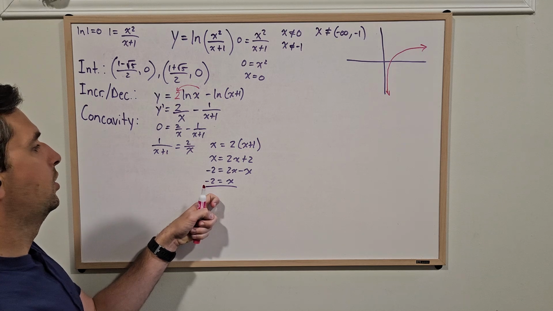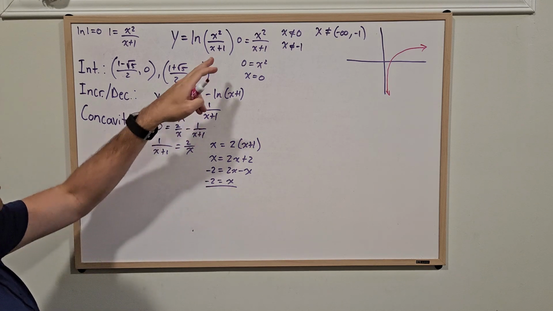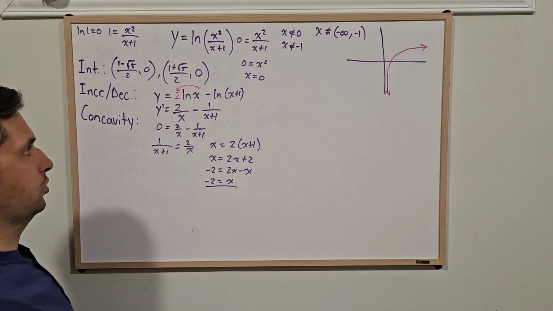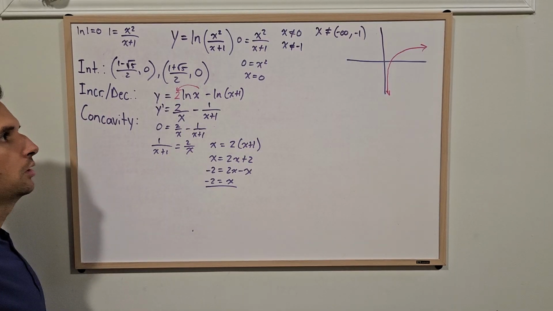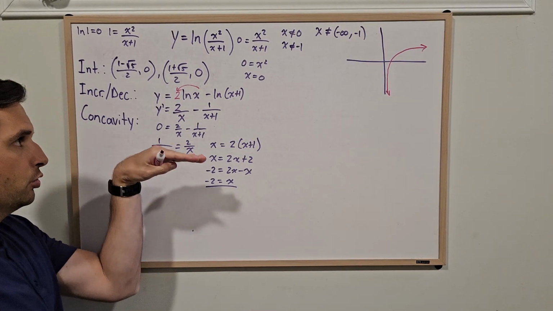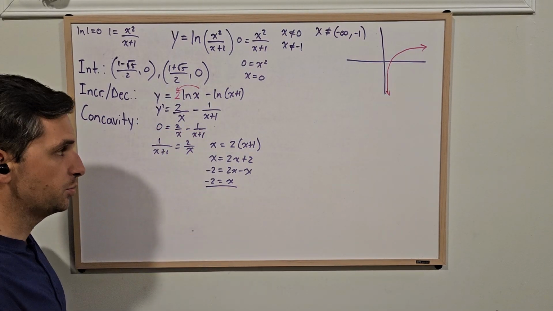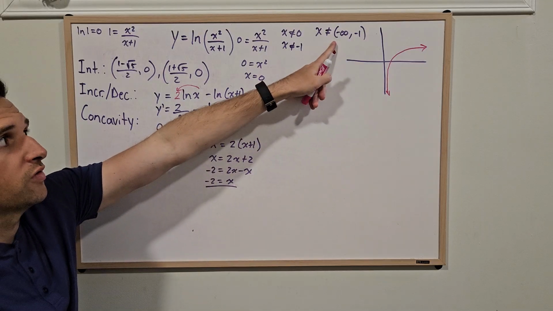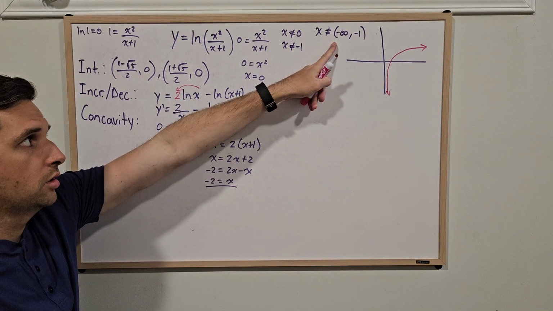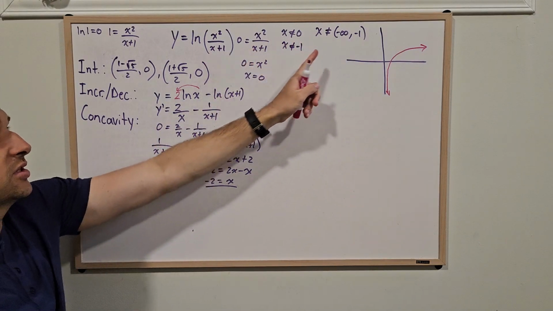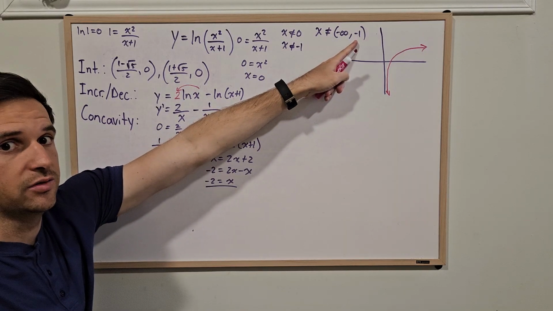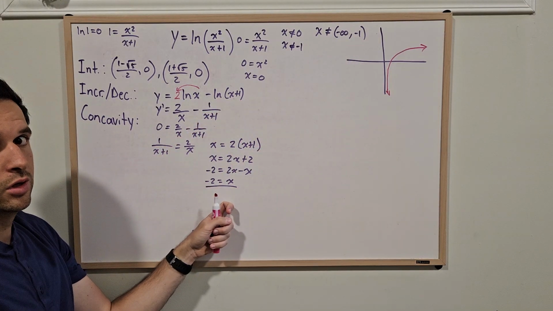So what does that mean for our original function? This is where the derivative, the slope of our tangent line, is 0, so we have either a max or a min at this point. However, looking over here at our domain restrictions, our domain for this function doesn't exist between negative infinity and negative 1, and we just got a negative 2.